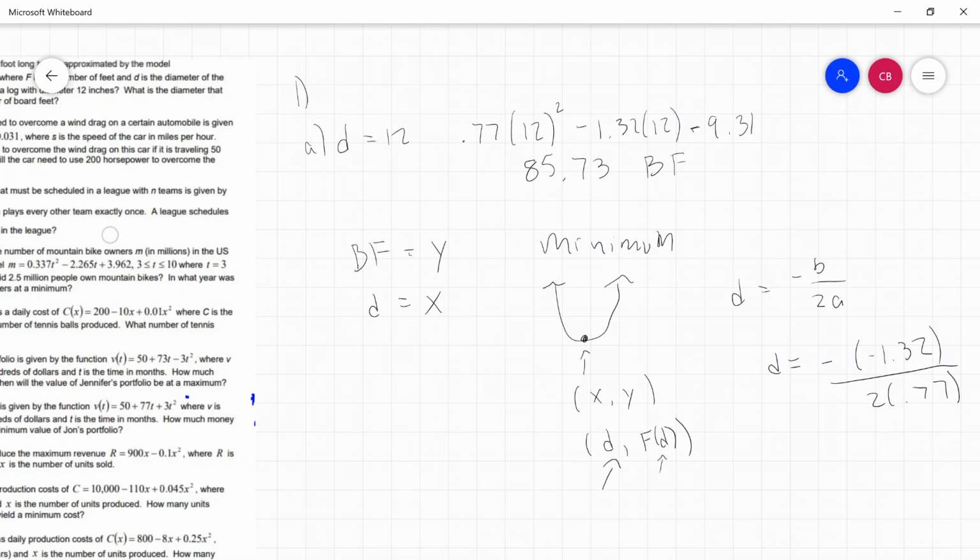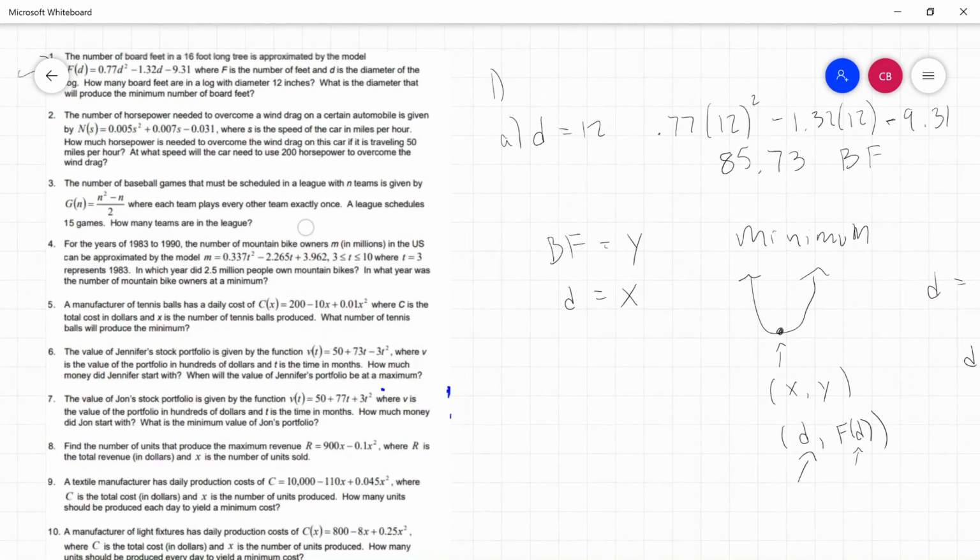And so if I put that in, that's 0.8571. So if you have 0.8571 diameter, not even 1 inch, that's the minimum number of board feet you can get.